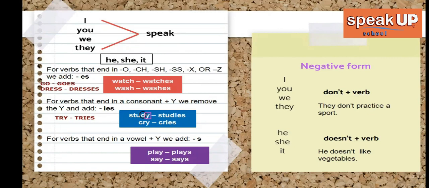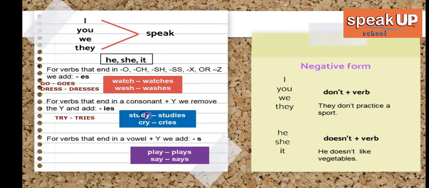Now the vowels are A, E, I, O, U. It's easier if you learn the vowels instead of the consonants, because there are only 5 vowels, and there are 21 consonants. The vowels are A, E, O, U, I, okay? So when you have a vowel and the letter Y, you only add the letter S, like here, play, plays, say, says, okay? That's it.